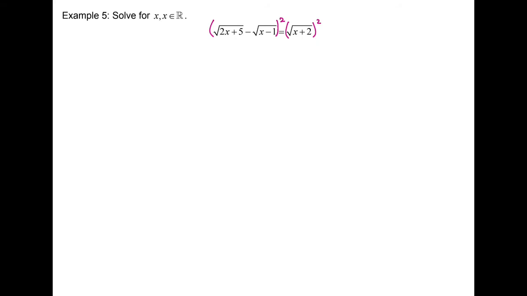So our expansion will be a squared, which means you remove the square root, minus 2 times a times b, plus b squared, which means we just remove the square root, equals the whole thing squared on the right-hand side; we just remove the square root, and it becomes x plus 2.